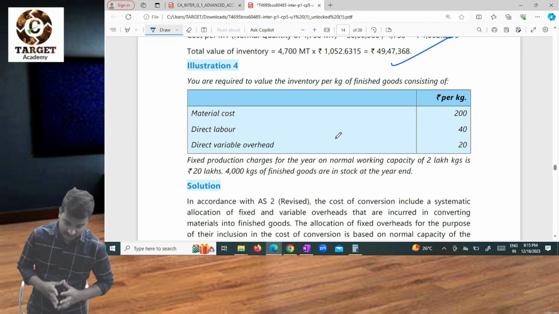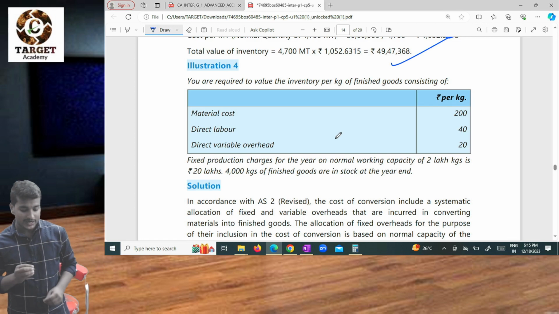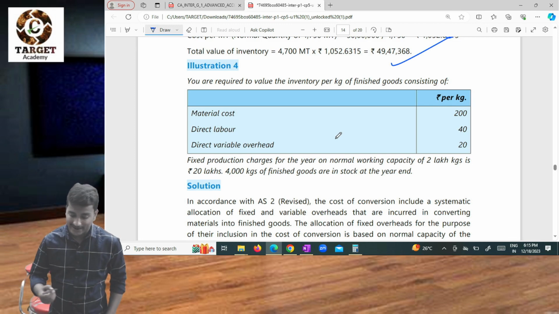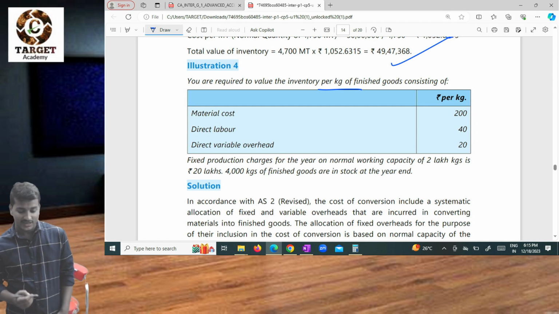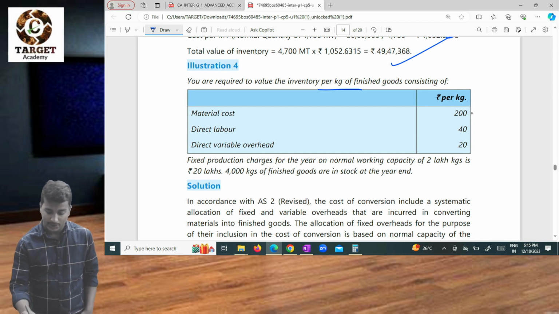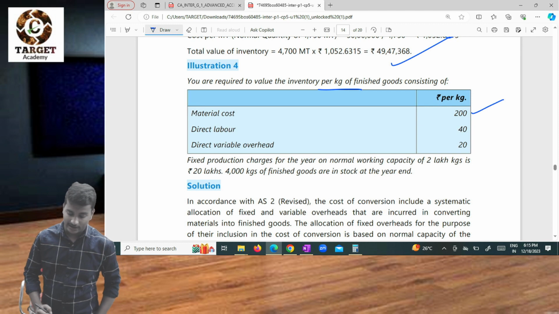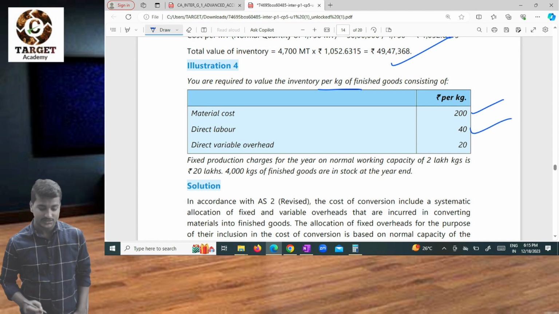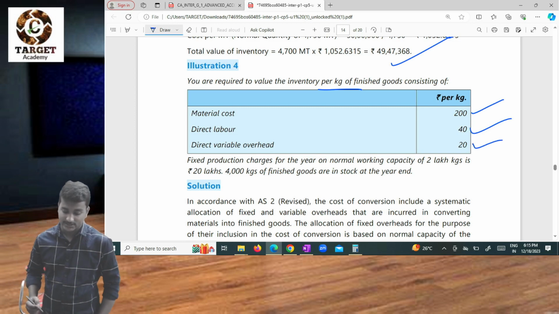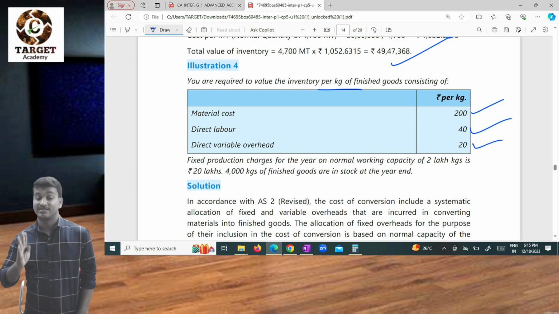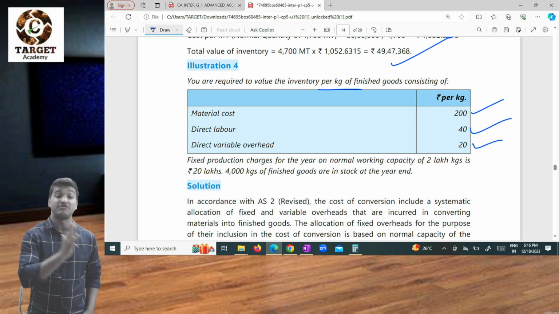Okay, read the question. You are required to value the inventory per kg of finished good consisting of material cost per kg 200 rupees, direct labor per kg 40 rupees, direct variable overhead per kg 20 rupees. I told you very clearly the difference between variable overhead and fixed overhead.